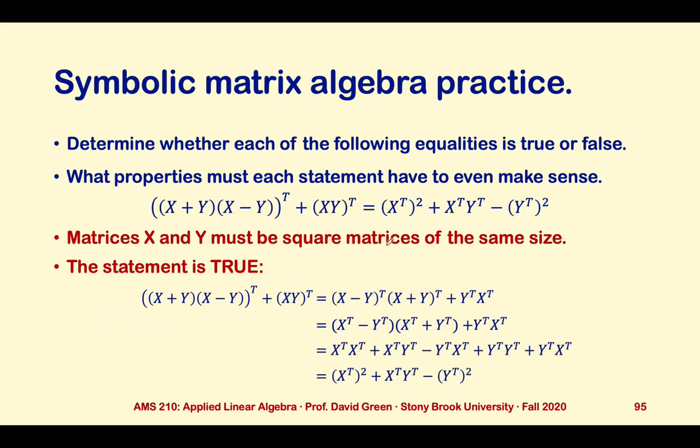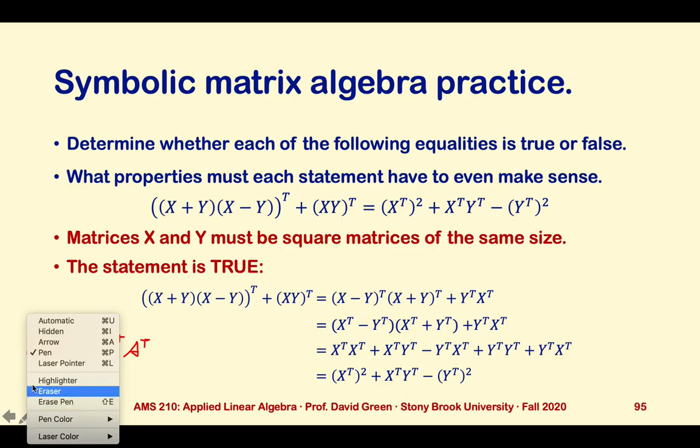We remember that when we distribute the transpose through a product, we have to change the order. Take the transpose of each, multiply them together, and change the order.